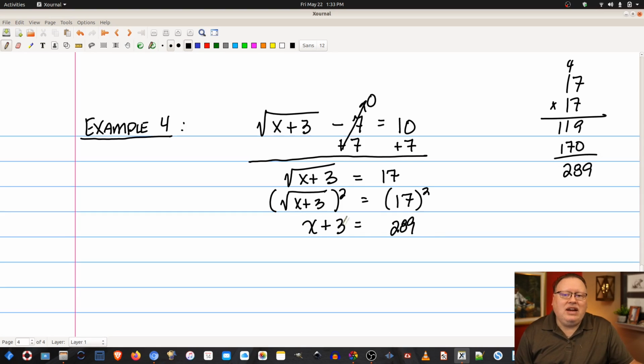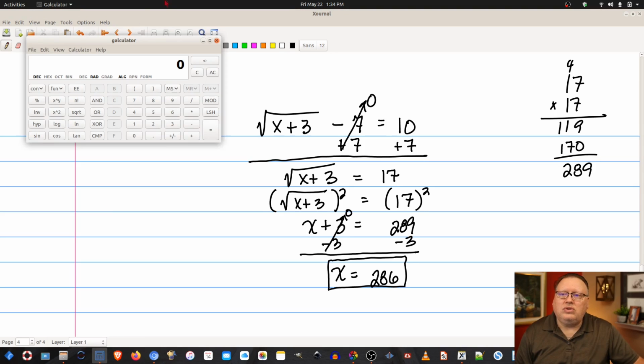And then right here, I just want to subtract 3 from both sides, and that will give me x by itself, because 3 minus 3 is just 0. And we end up with x is equal to 286. Okay. Now on this one, if you want to pull up your calculator, you can do so. So we'll do that here.